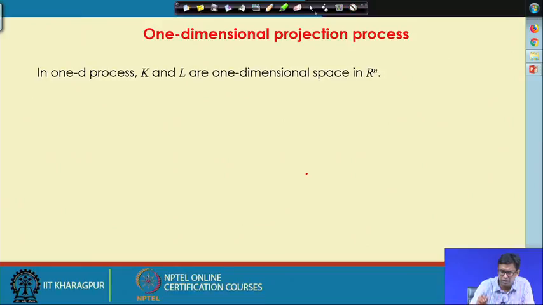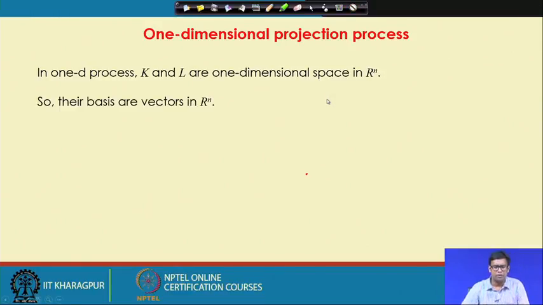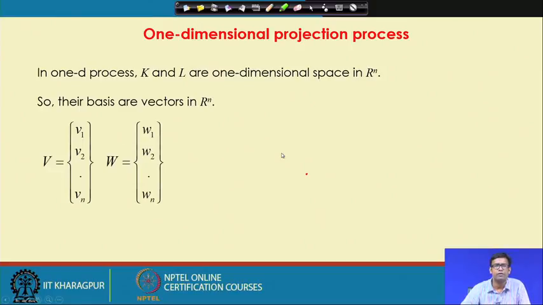So, the basis vectors in R n will be a single vector, v1, v2, vn for example, W equal to W1 to Wn.